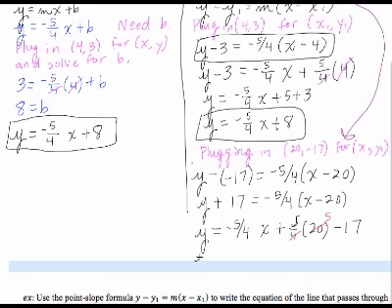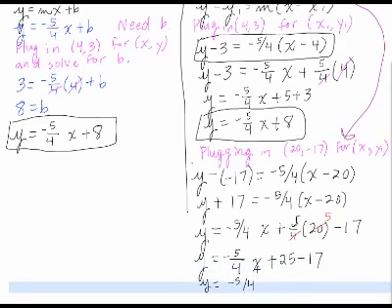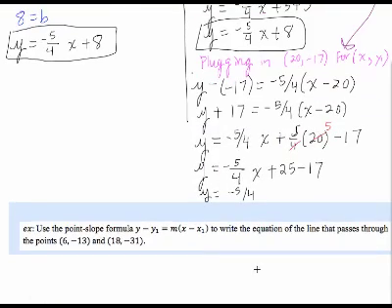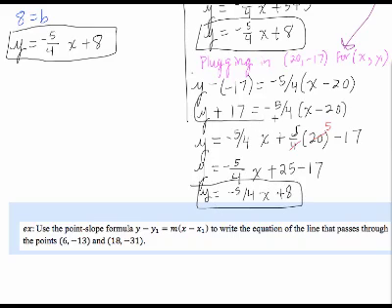So we have y equals negative 5/4 x plus 25 minus 17. And 25 minus 17 is 8. So that's a good equation. All of those are equations of the same line.